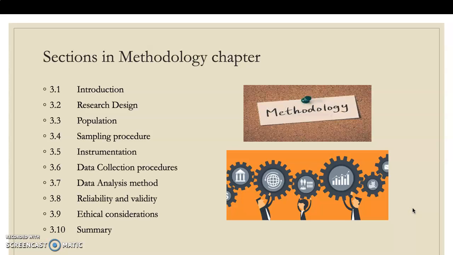This section involves several subheadings. You begin with an introduction, research design, population, sampling procedure, instrumentation, data collection procedures, data analysis method, reliability and validity, ethical considerations, and summary. All right.